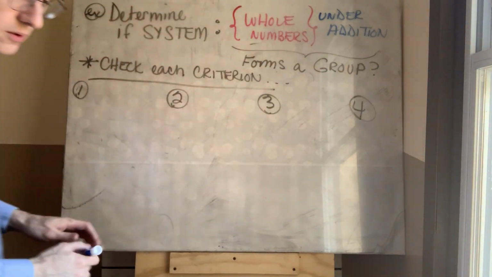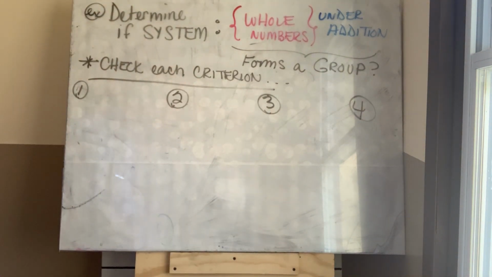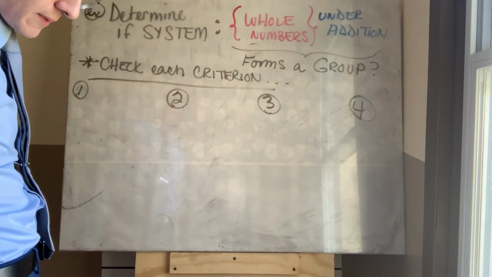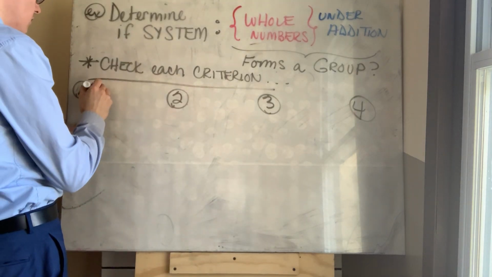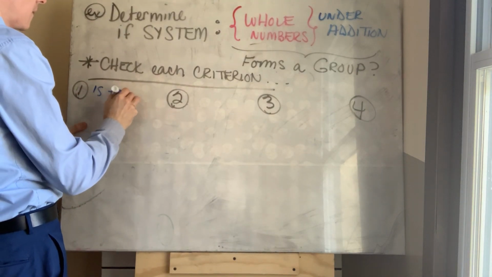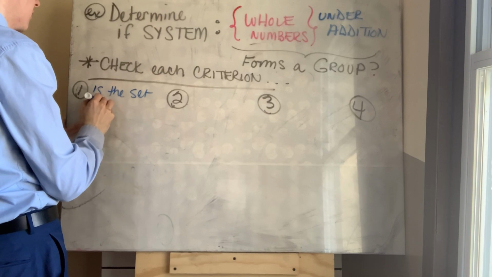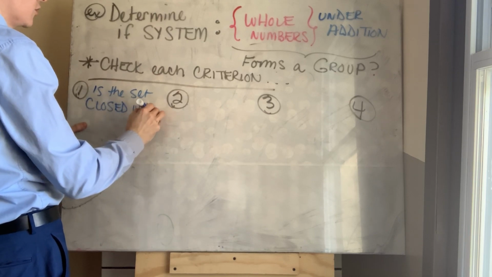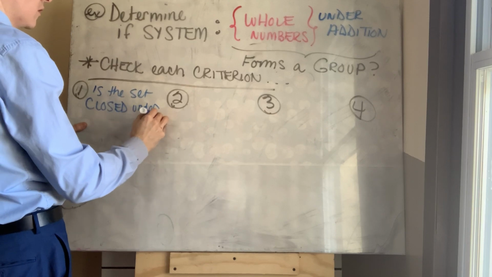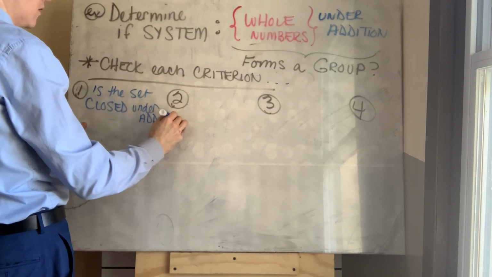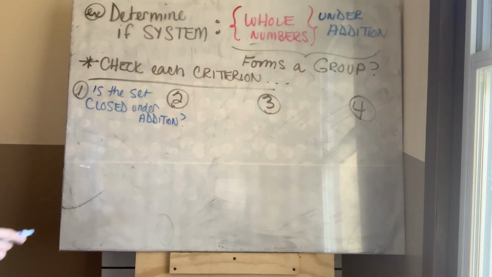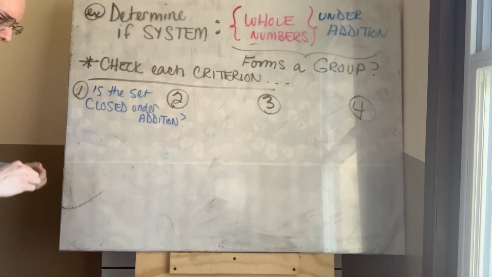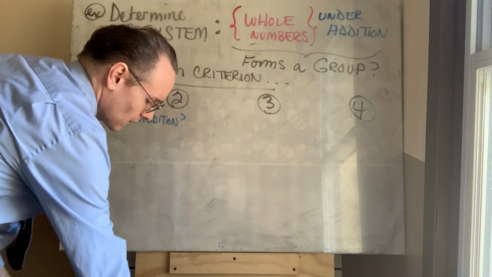First criterion, I believe, is singular, to check that. Is the set closed under addition? Well, if we're talking about whole numbers, let's start with illustrating what that is.